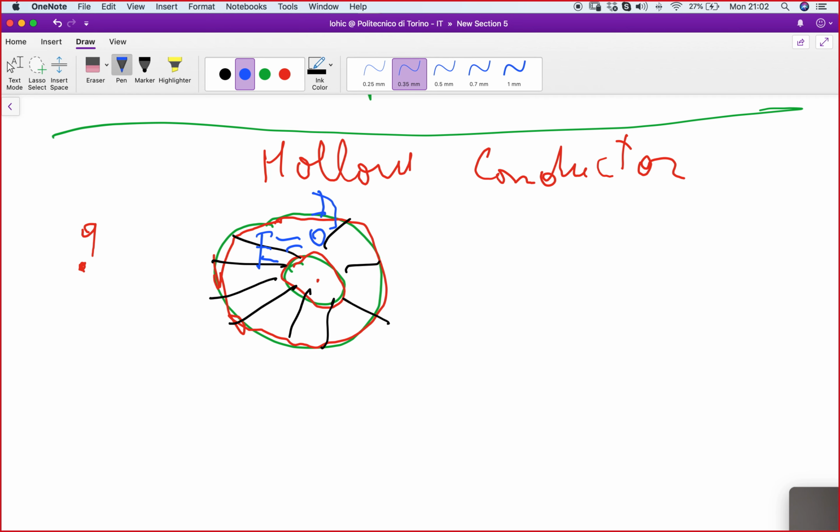But the field here is not necessarily equal to zero. Yes or not? Even if there is just this charge Q, the field here is not internal, but pay attention.